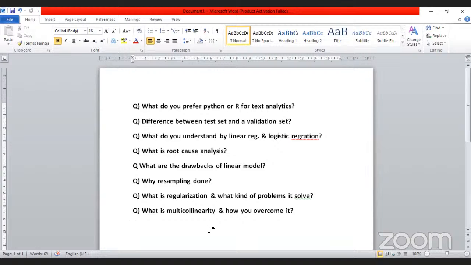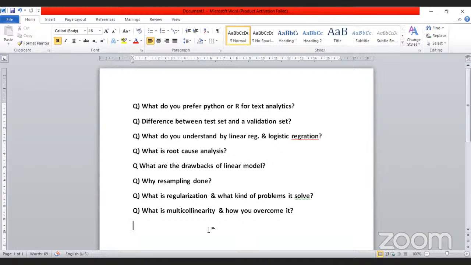If we have any kind of linearity or relationship among the independent variables, that is the issue of multicollinearity. How to overcome it?